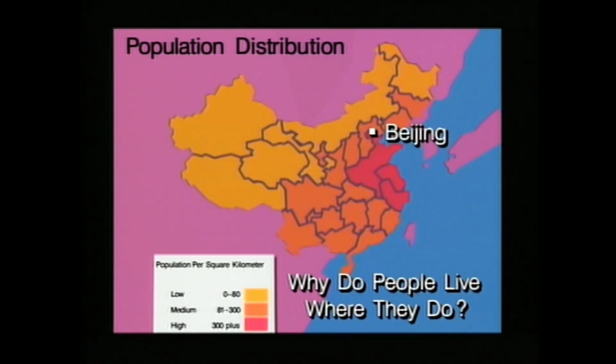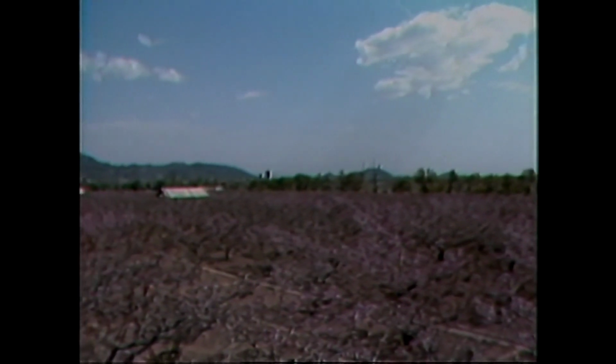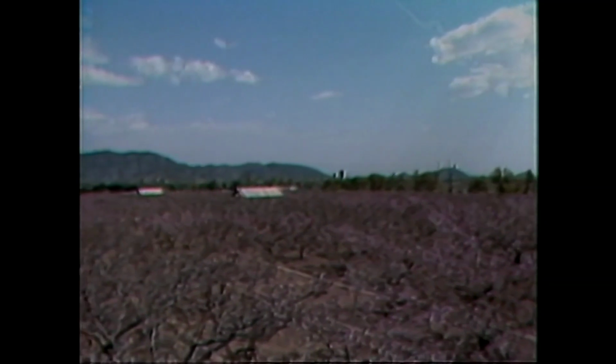Near Beijing, on the North China Plain, lies the Evergreen Cooperative. Here, there are 4 distinct seasons.